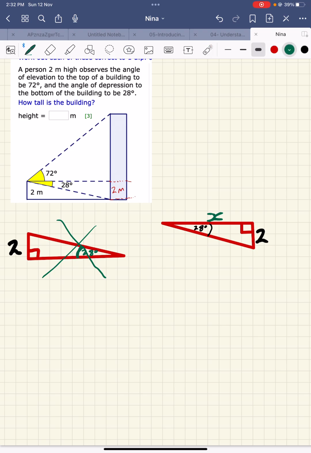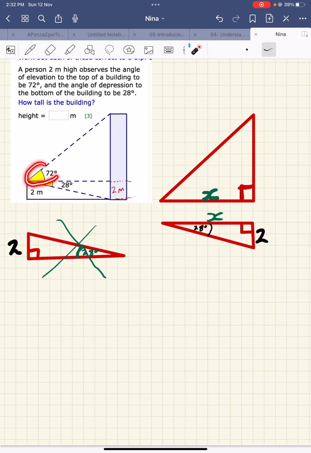Let's go ahead and draw that out, in a similar orientation. Well, you can see that the 90 is here. And can you see that the x is here? It looks like I've got the 72 here, so I'll transfer that, 72 degrees. And now I'm going to put y for this part.